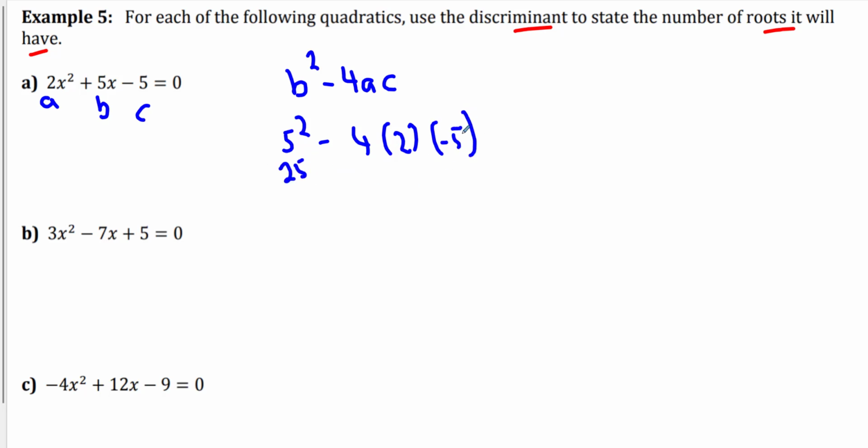That's 25. If I multiply these things together, what's 5 times 4? 20. 20 times 2, 40, plus 40 is 65. Now 65 is bigger than 0. That's going to have 2 x-intercepts.